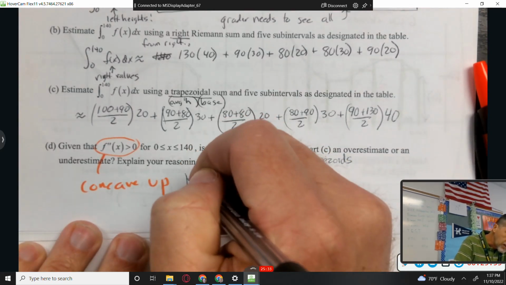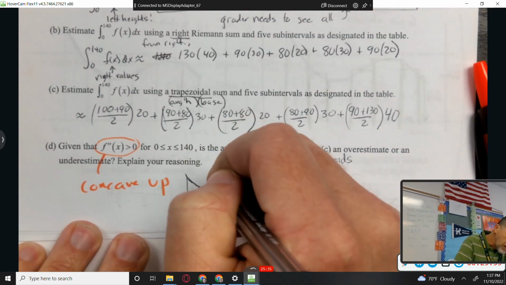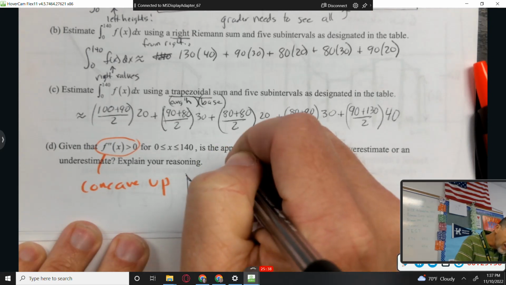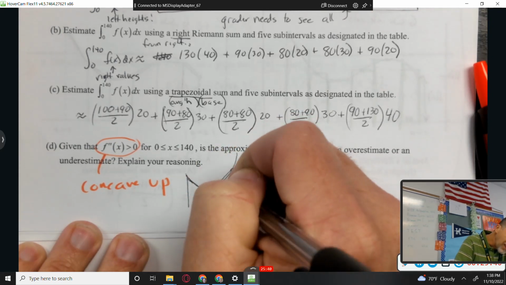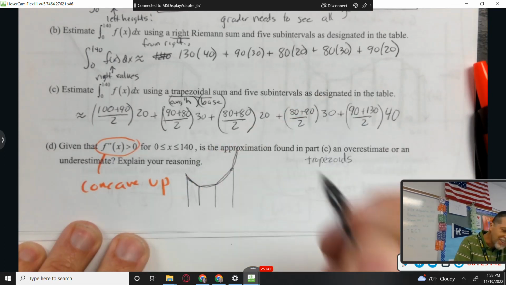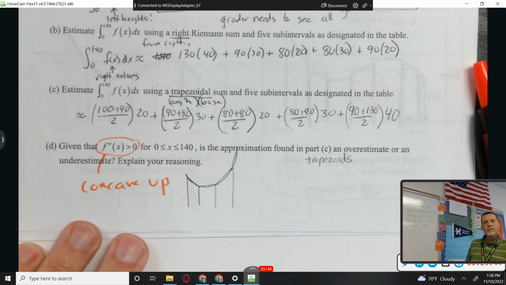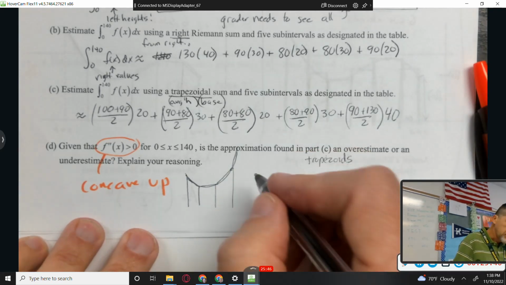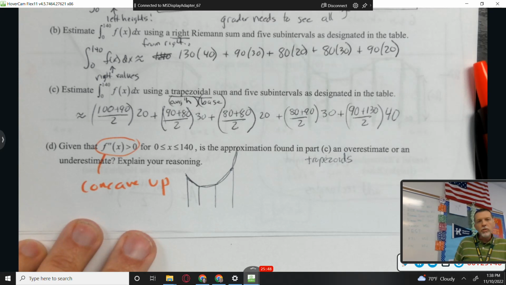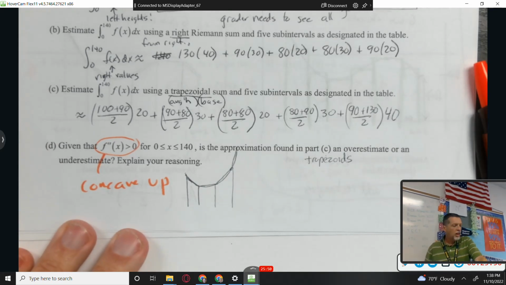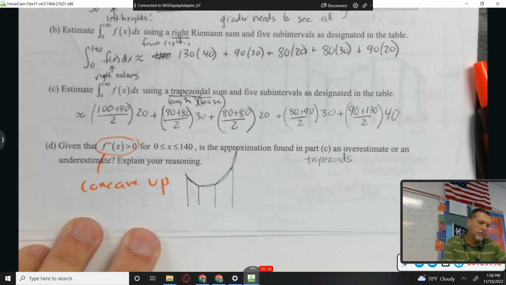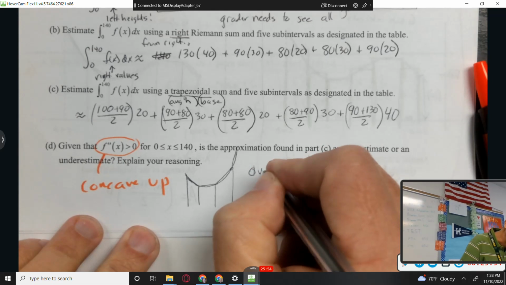Because I don't exactly know why, but that just is what feels right in my head. Well, you're right. Because it's concave up, and we're tracing from rectangle to rectangle. What would you say the trapezoids are? So definitely an overestimate.